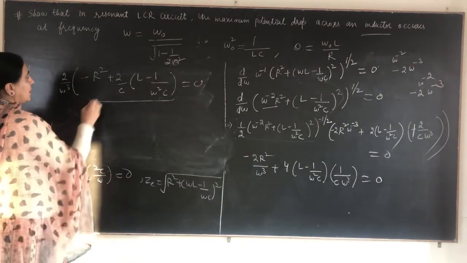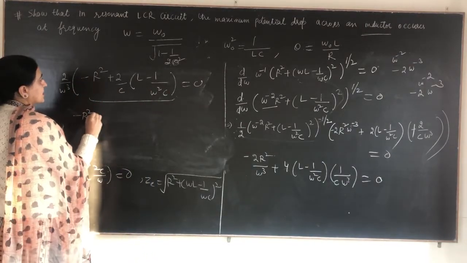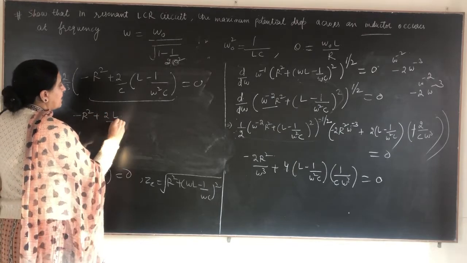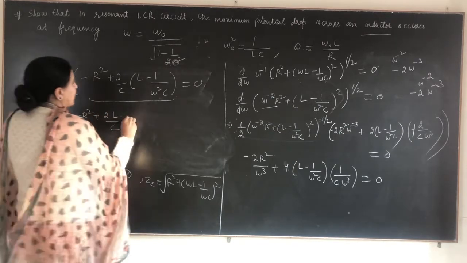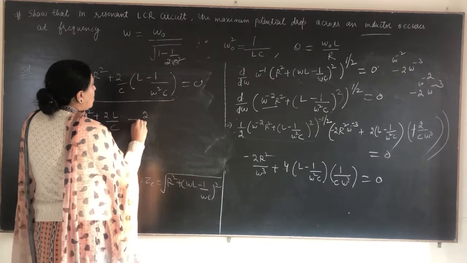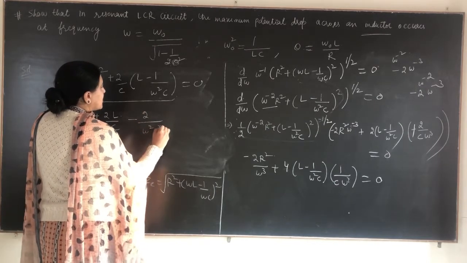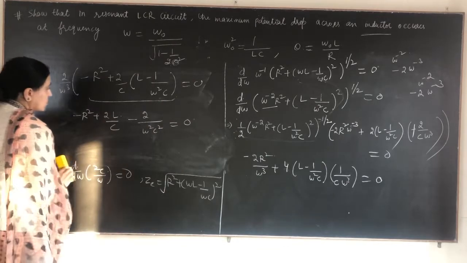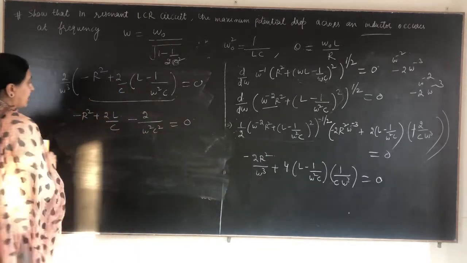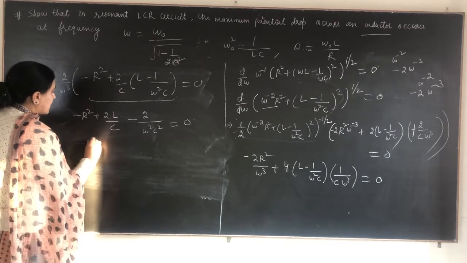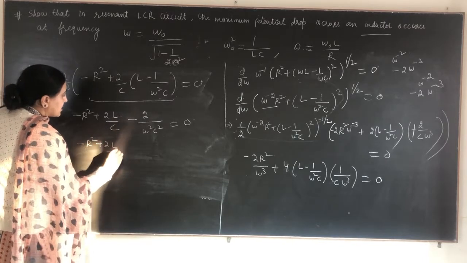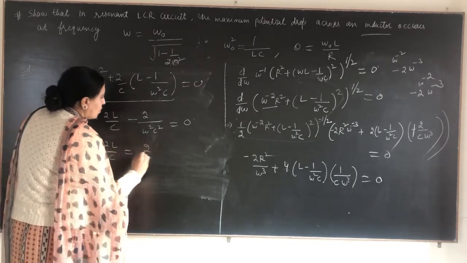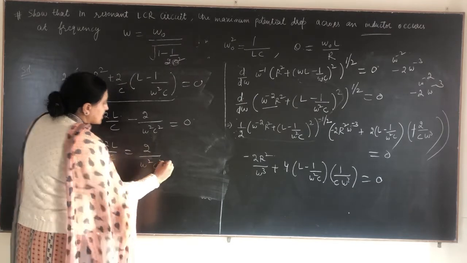So open it: minus r square plus 2L by C minus 2 over omega square C square, that will be equal to 0. Now taking minus r square plus 2L by C, that is equal to 2 over omega square C square.